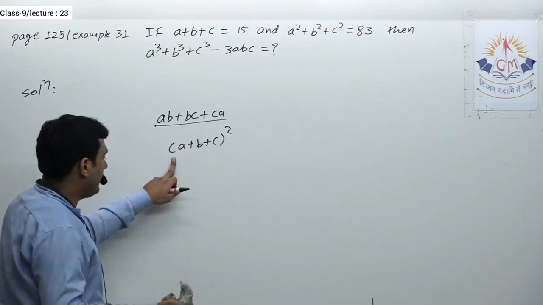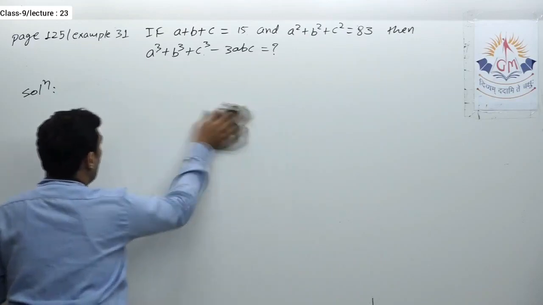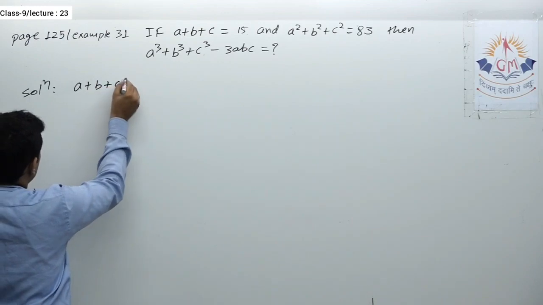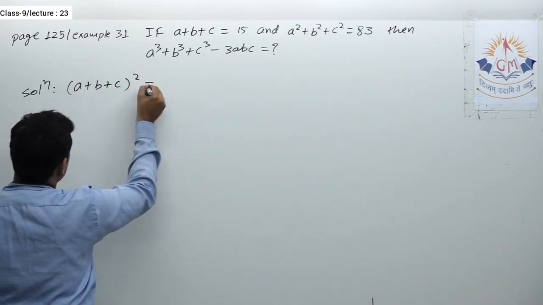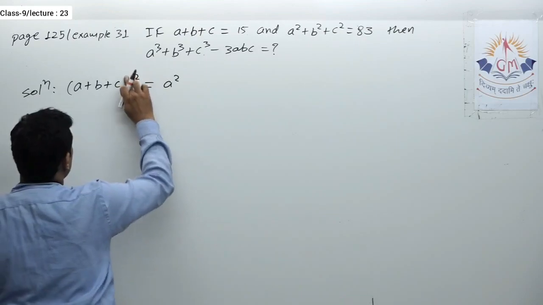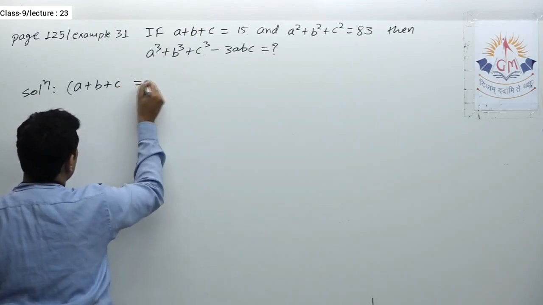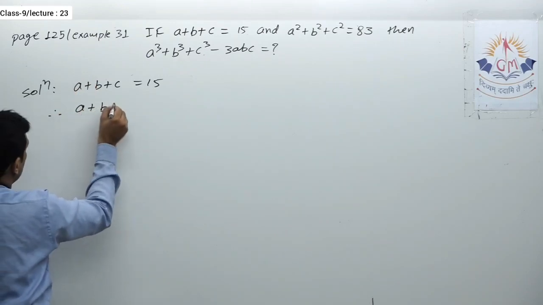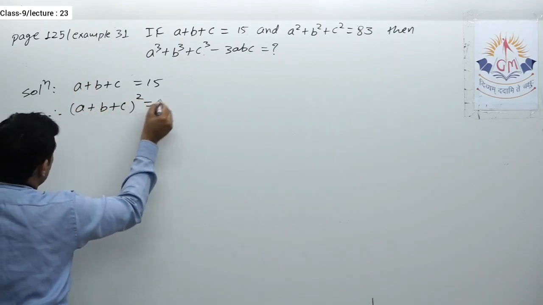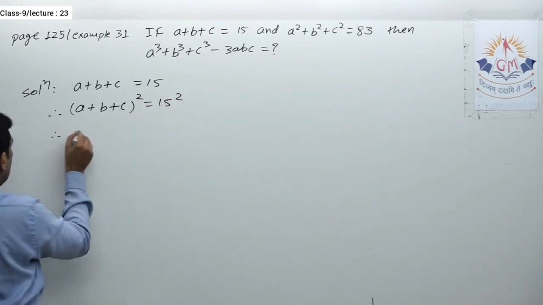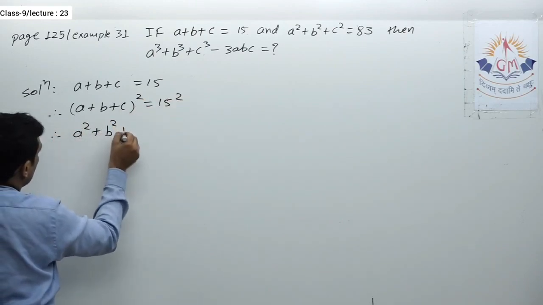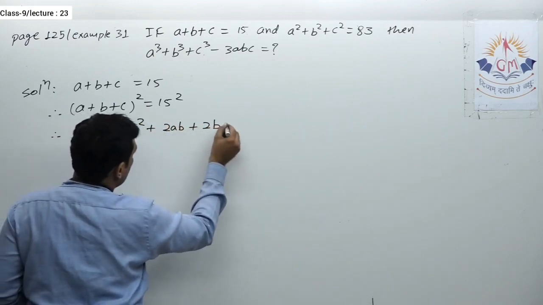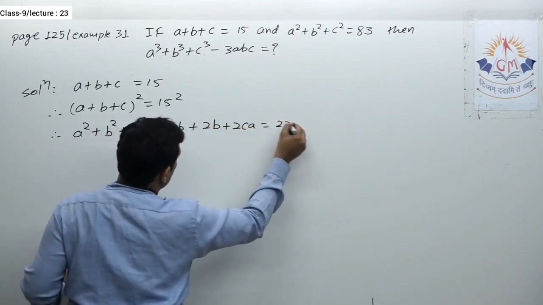So again here I will start with a plus b plus c whole square. a plus b plus c is equal to 15. Now if I take the square on both sides, I will get a square plus b square plus c square plus 2ab plus 2bc plus 2ca is equal to 225.